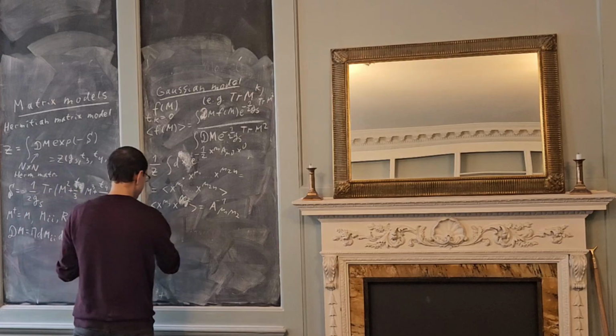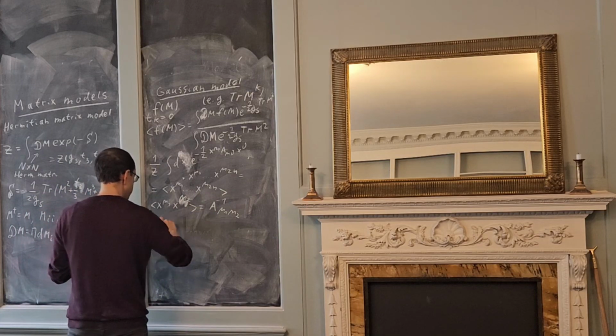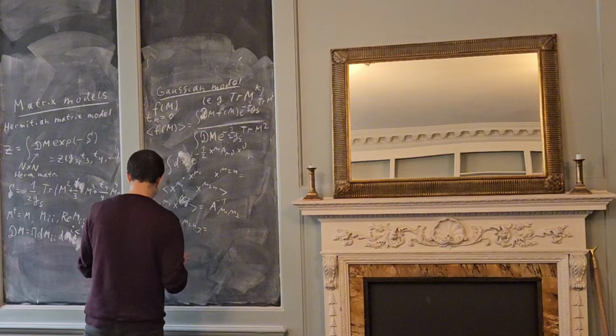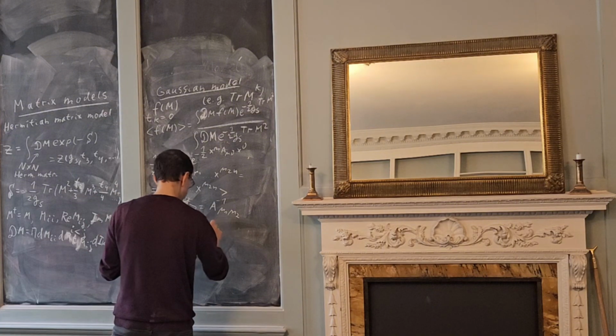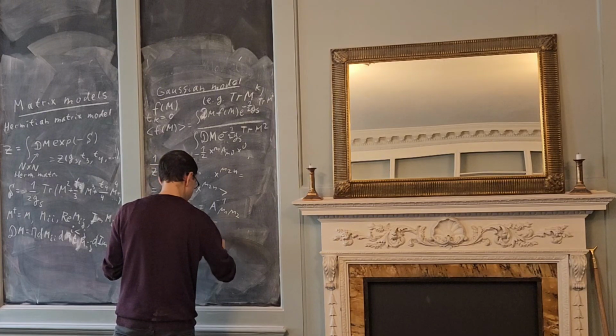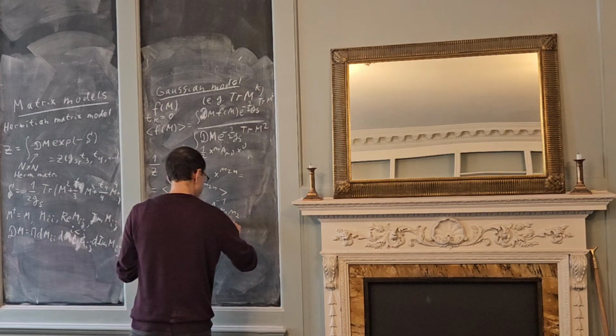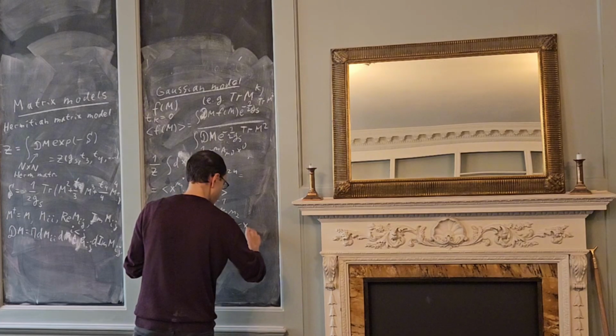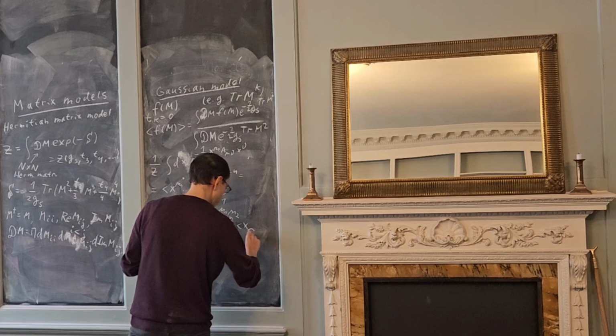And then if we want to compute the general expectation value, x_mu1 through x_mu2n, it will be given by Wick contractions. So it's a sum over all pairings, and a product for i equals 1 to n over 2-point expectation values between some x's, which we can denote like x_sigma(2i-1), x_sigma(2i).